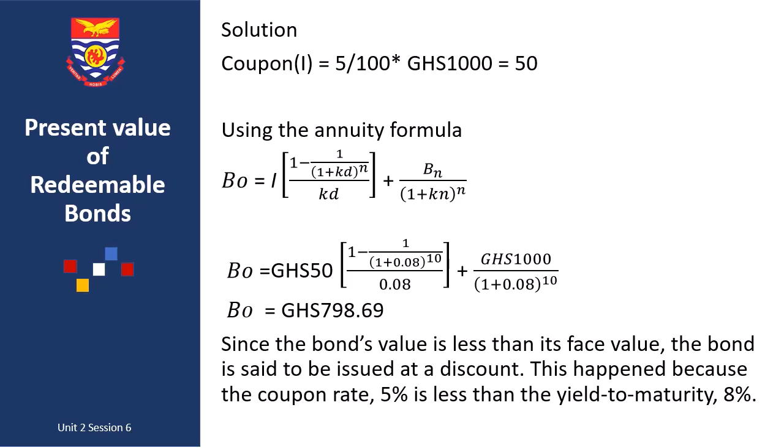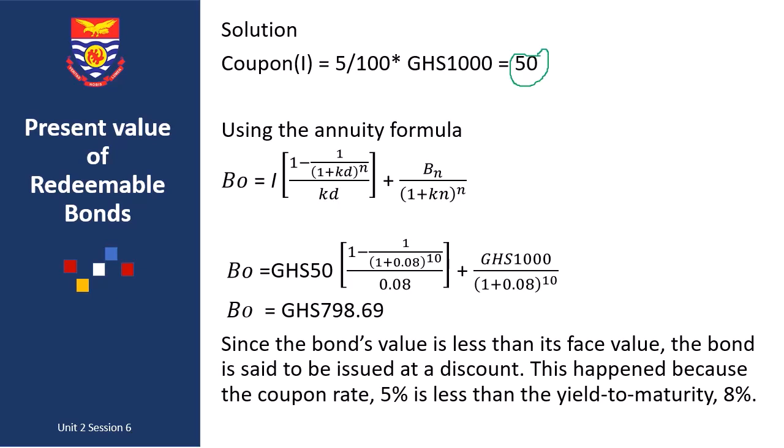So in case in a question they don't give you the face value of the bond, we assume it to be 1,000 because in Ghana bonds are issued in thousands. So 5% of the 1,000 is going to give you 50 Ghana cedis. So this is the interest or the coupon on the bond.